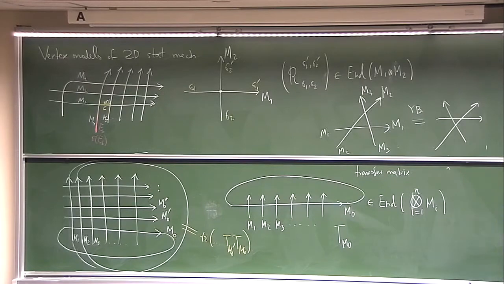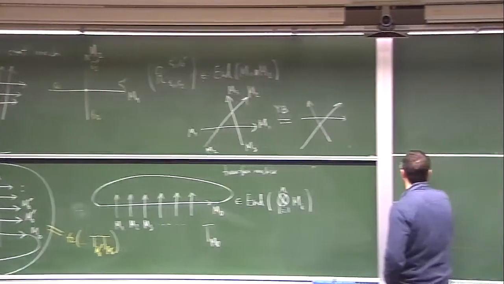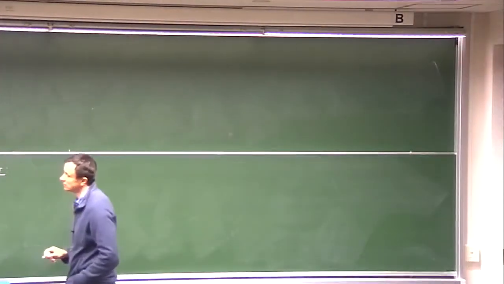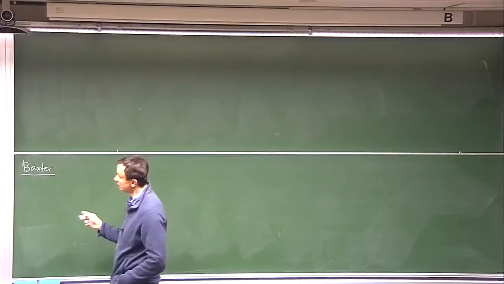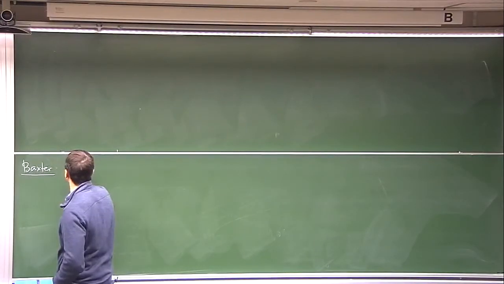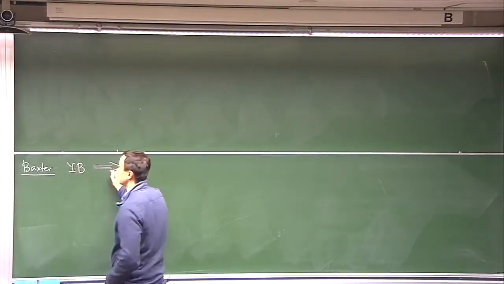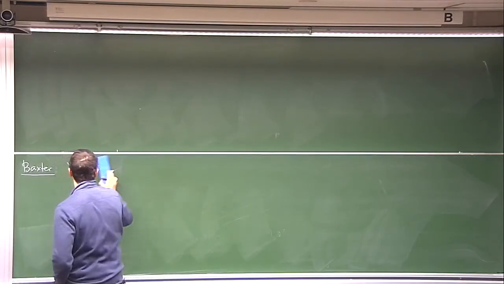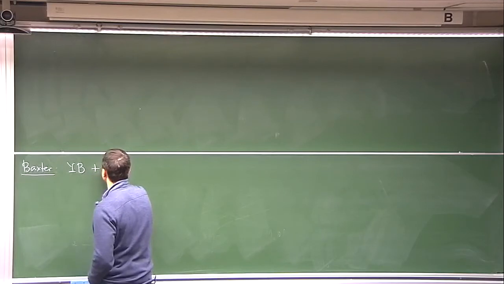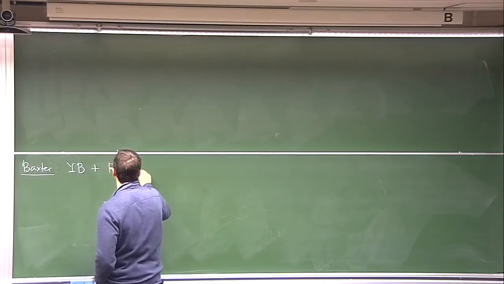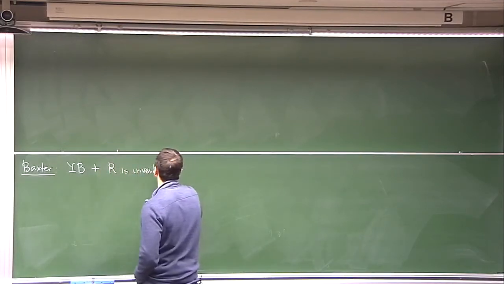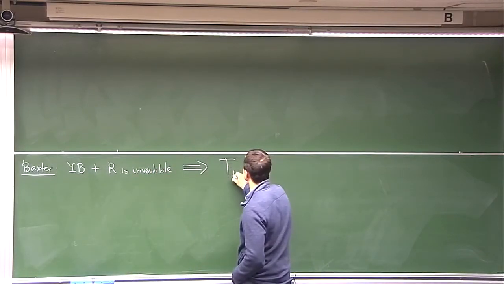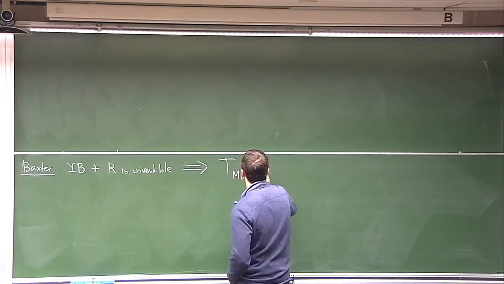So Baxter says that the Yang-Baxter equation, plus invertibility of R, implies that the transfer matrices really commute.